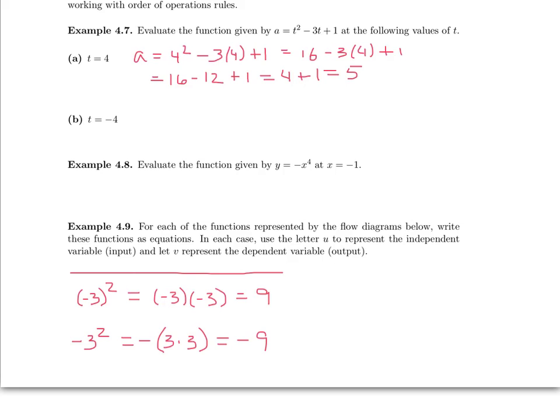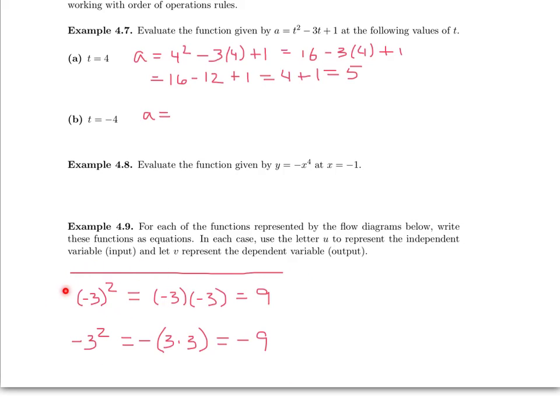Now let's look at part B. Now we're evaluating the function at t equals negative 4. So we begin by replacing t with negative 4 in the function. The first thing that's done to t is squaring it. So we are squaring negative 4. Recall the lesson we learned down here.